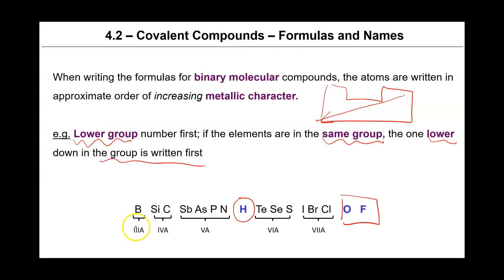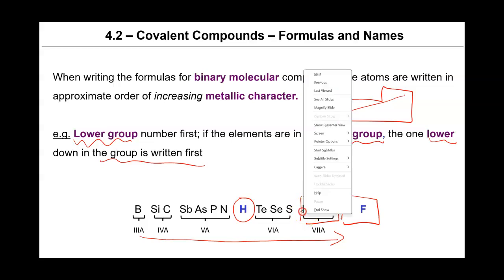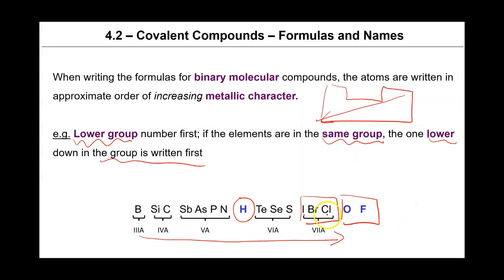So you can see here we're going to write in order of lowest group number to highest group number, but if the elements are in the same group, we write from lower down in the group to higher up in the group. So iodine right at the bottom of group 7A, then bromine, then chlorine. So we kind of write them going up the group.